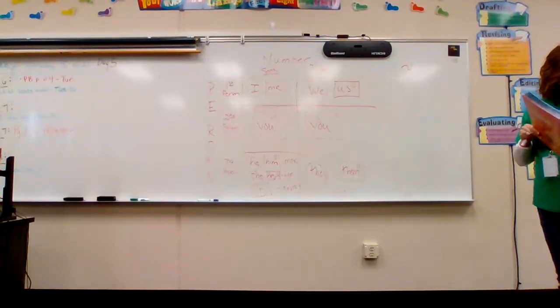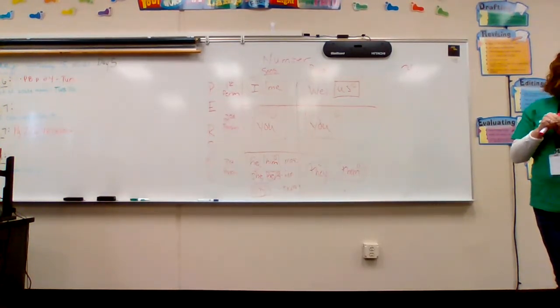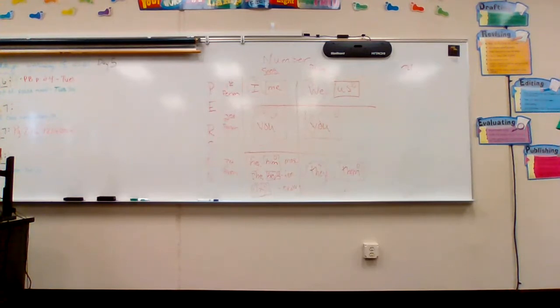And then finally, with malice toward none, with charity for all, was written by him. By is a preposition. So an object of a preposition, you use an object pronoun, by him. Okay?